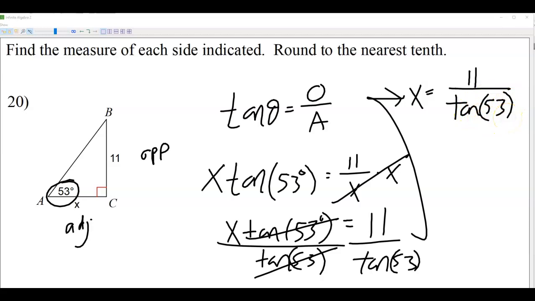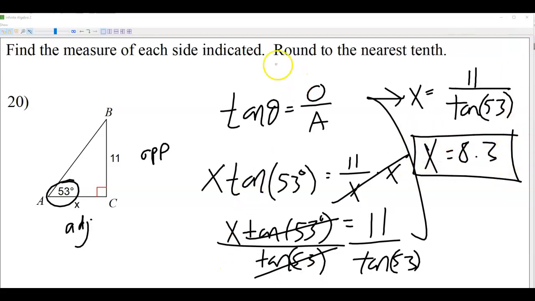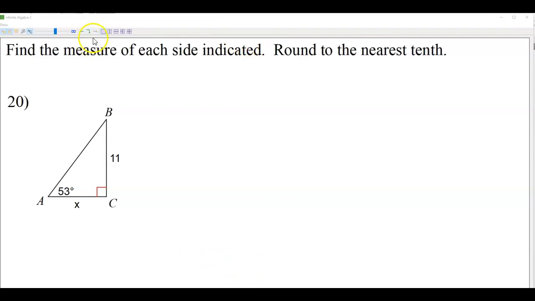All right, and so we'll go ahead and punch that into our calculator and see what we get. And I'm getting 8.3 if I round it to the nearest tenths place. Okay. So as you guys can see, all the steps were the same until we got to this part here where we have to solve for x, because it's just a little bit of a different kind of equation at that point. There it is.